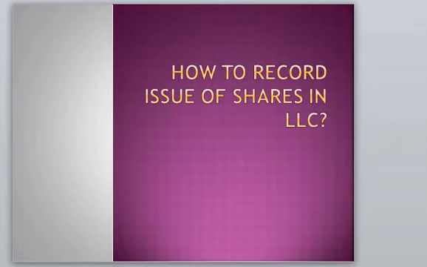Premium means it is the amount which is more than its basic value, which I will explain in detail in this video. So now we know what authorized capital is and what par value is, and now we'll be discussing how we can record transactions in a limited liability company.